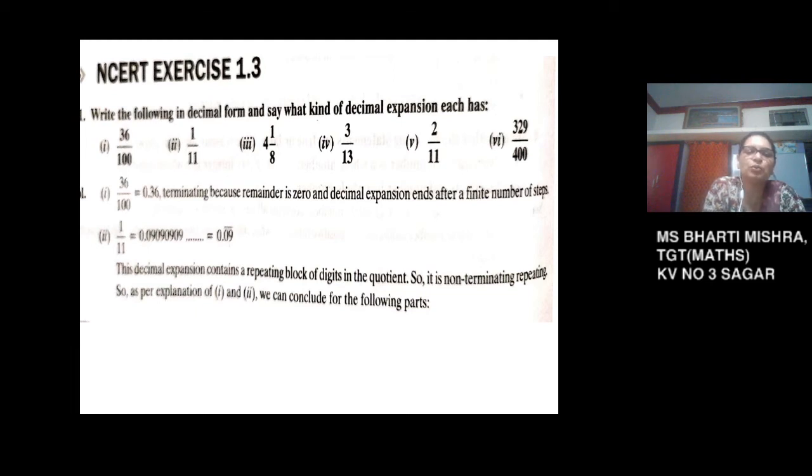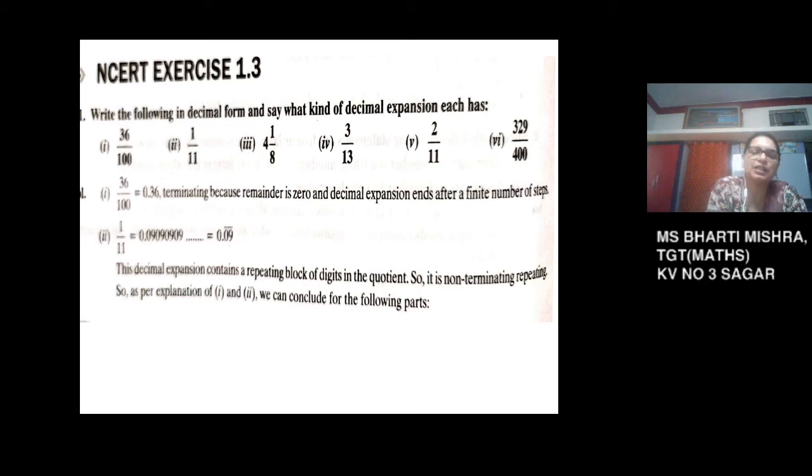So we are moving towards the left and the number comes to be 0.36. And after 6, we don't have any remainders even when you divide. So after 2 steps of division, we get the remainder 0. Hence, the decimal expansion ends after a finite number of steps.